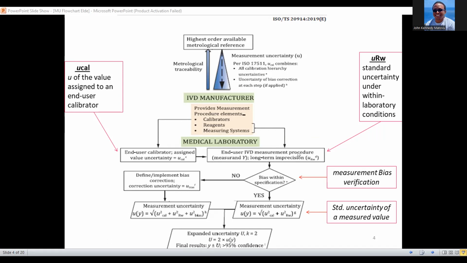Very good. All right. Now, by the way, please take note that here the formula of the standard uncertainty of the measurand is the square root of the square of your UCAL plus the uncertainty RW.